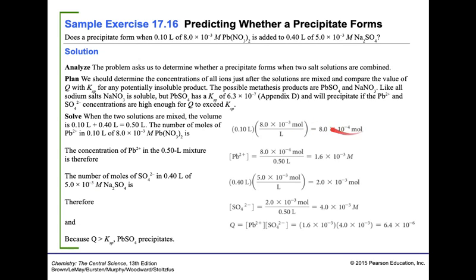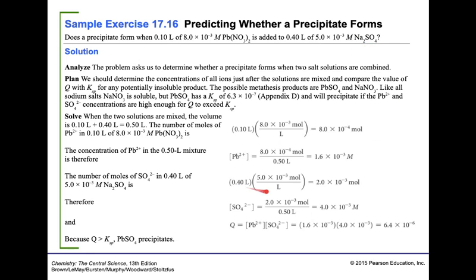But now this many moles of lead are dissolved in 0.5 liters, right? So when I divide that, I get my new concentration of lead ions is 1.6 times 10 to the negative third, okay? You're going to do something similar for the sodium sulfate.